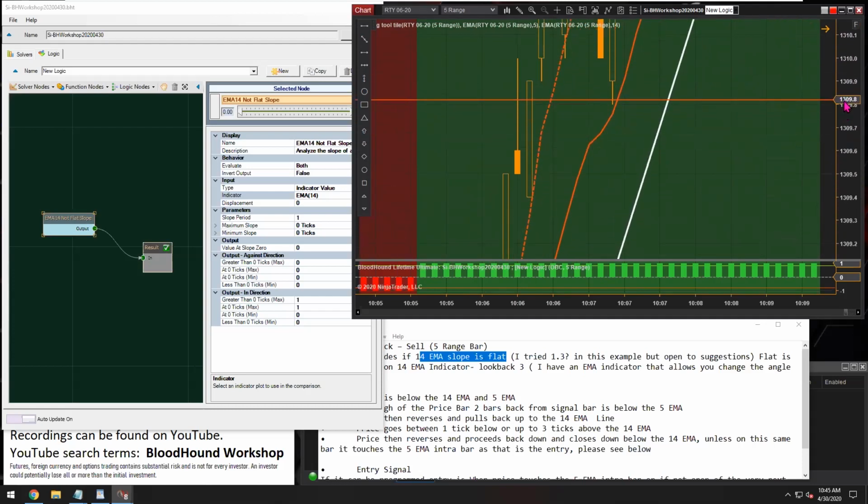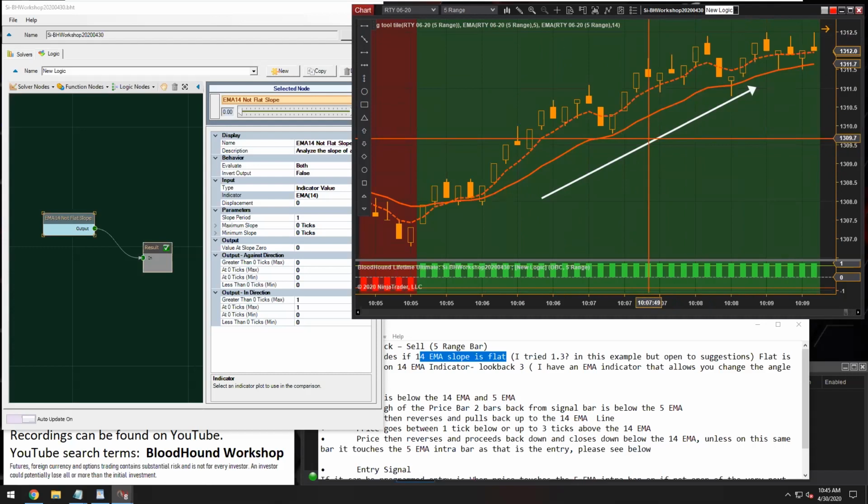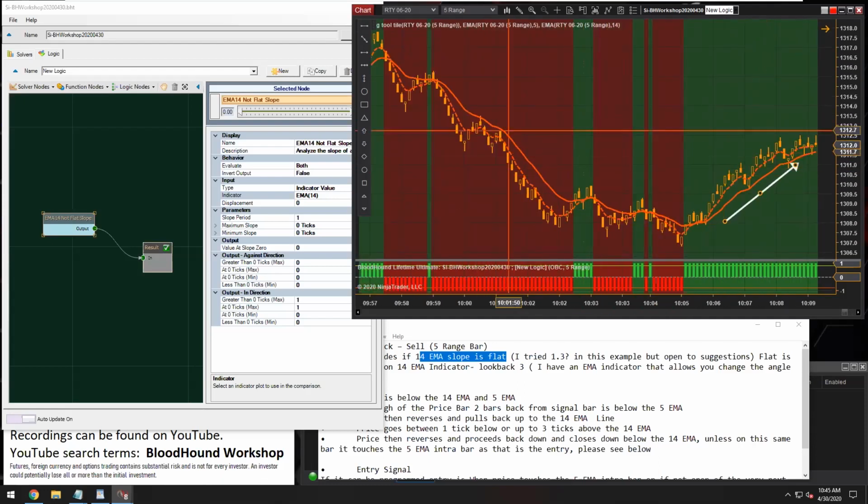If I adjust the scaling, my arrow is almost pointing straight up. So just keep in mind that the angle of something is very, very subjective based on how zoomed in or zoomed out of the chart you are.